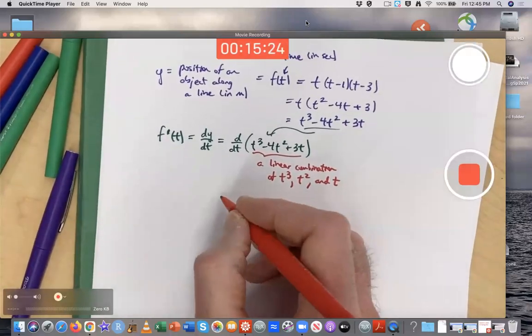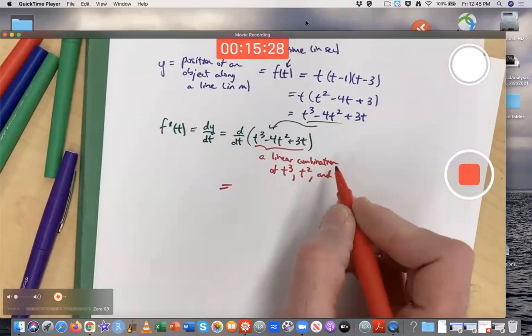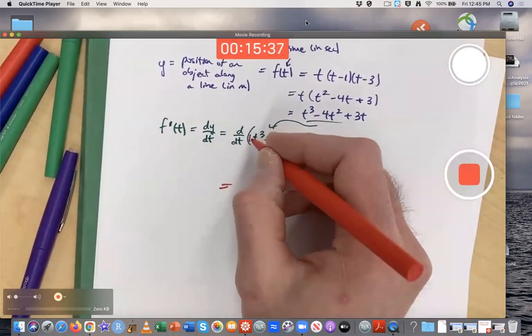A key property of derivatives is that the derivative of such a linear combination is the corresponding linear combination of the derivatives. What in the world does that mean? Well, again, the t cubed has a 1 in front.